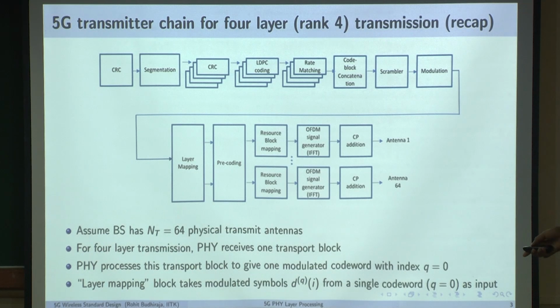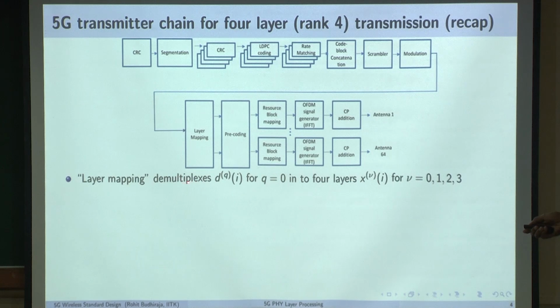If it is a rank 4 transmission, it demultiplexes this modulated codeword into 4 different layers. Here nu denotes the layer index. If it is 2 layers, it will run from 0 to 1; if there are 3 layers, 0, 1, 2.